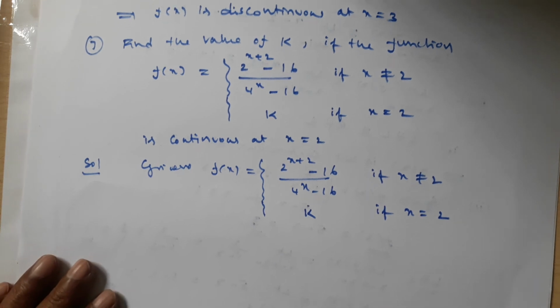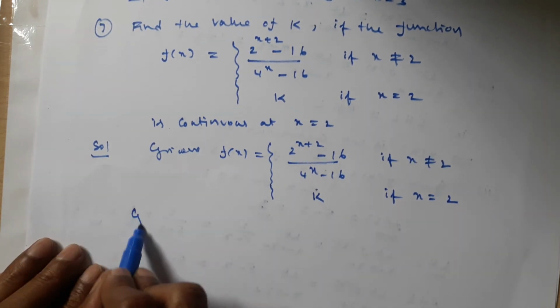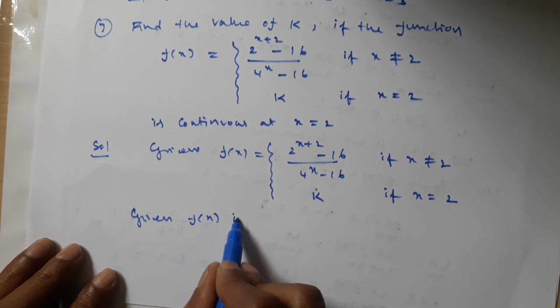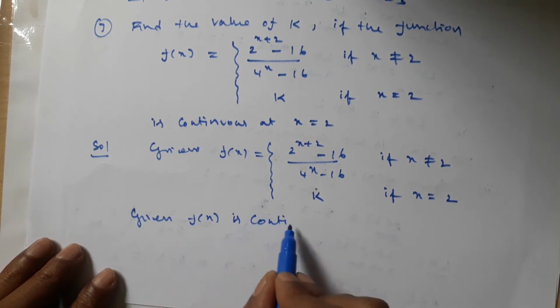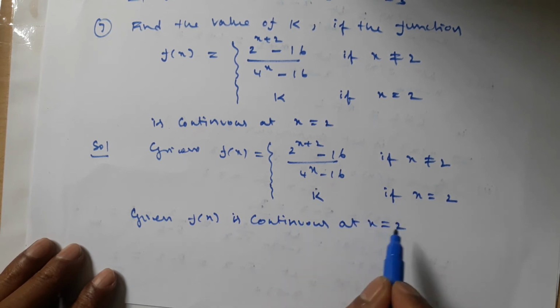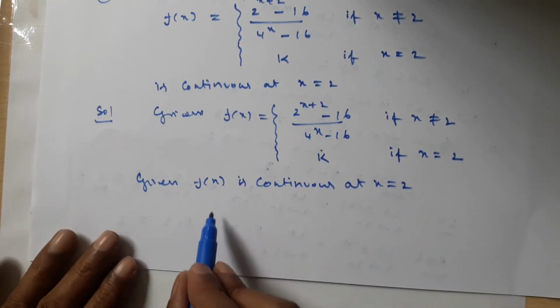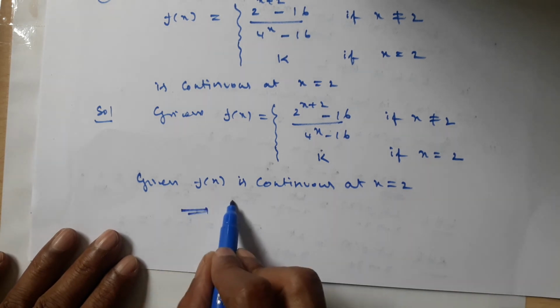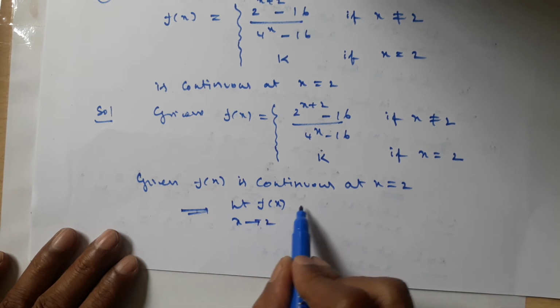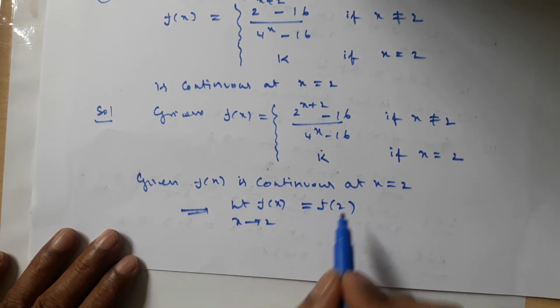Given f of x is continuous at x is equal to 2. So whenever the given function is continuous at x is equal to 2, by the definition, limit f of x as x tends to 2 is equal to f of 2.